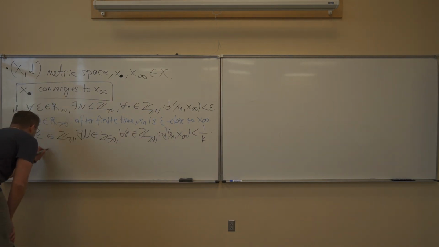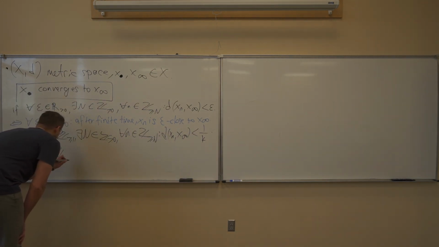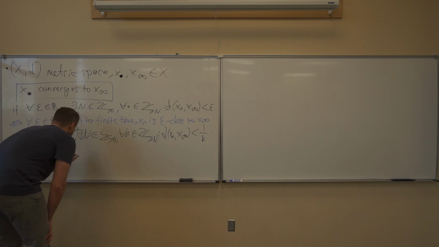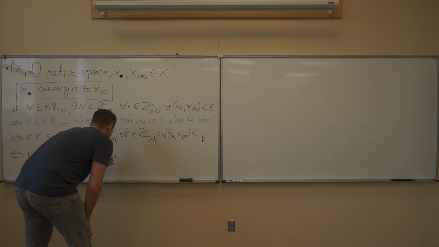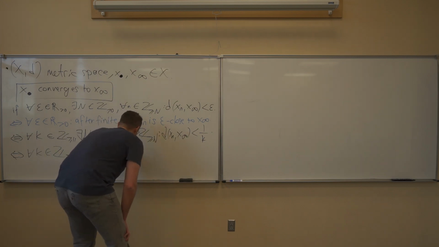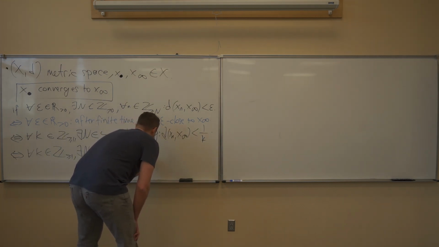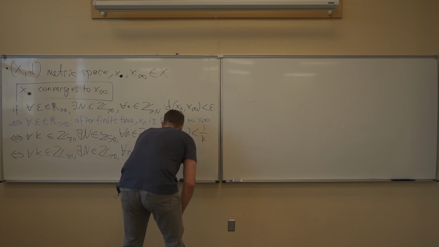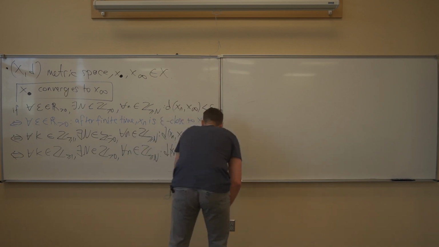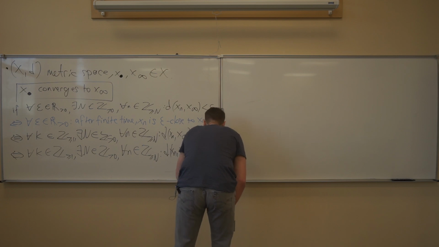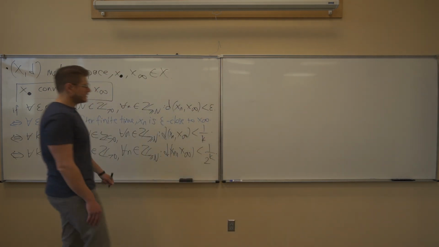For any positive integer k, there is an N time such that after this special time, the distance between x sub n and the target x sub infinity is bounded by 1 over 2 to the k, something that decays.